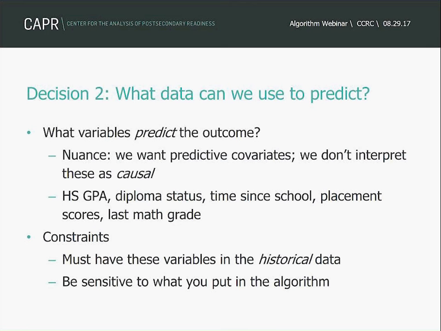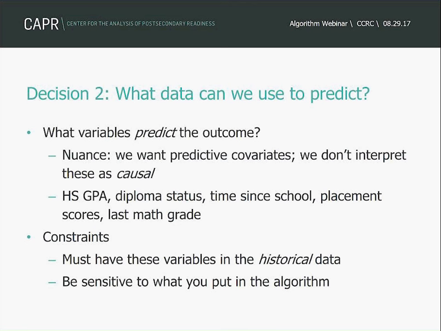Okay. So the other aspect is to be sensitive to what you put in the algorithm. What do I mean by that? For instance, we don't put any demographic variables in the algorithm. Certain race, even gender variables might predict likelihood of success. Again, we don't interpret these as causally having an effect on success, but nonetheless, they could be predictive. But one has to be sensitive, obviously, to what you want in there and what sort of coefficients might be associated with certain demographic variables.